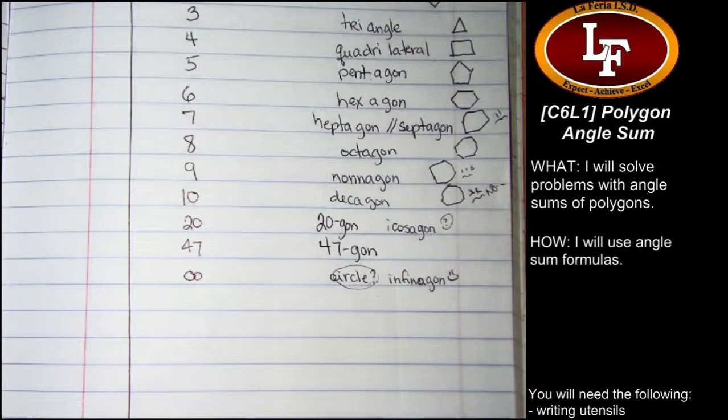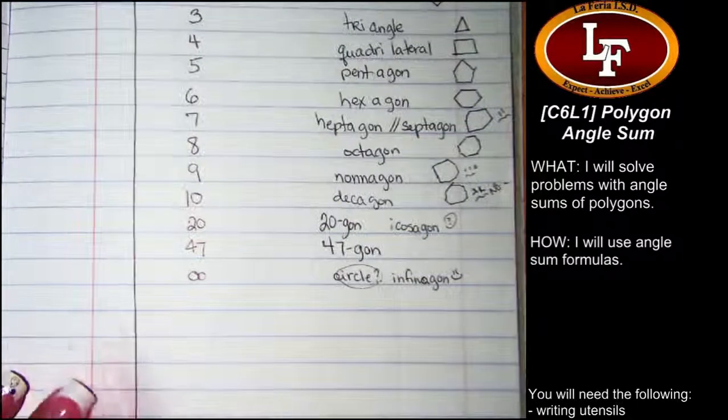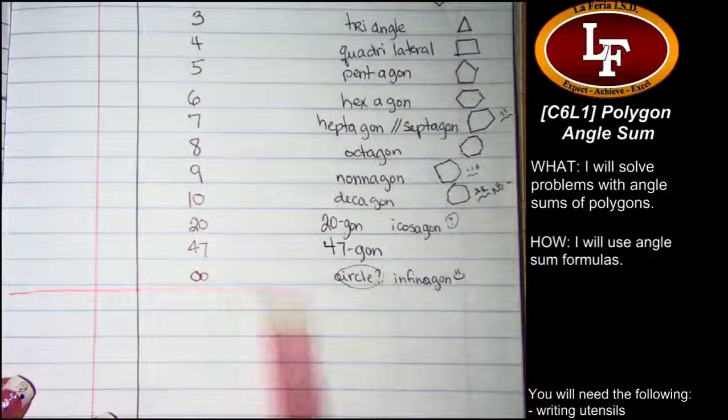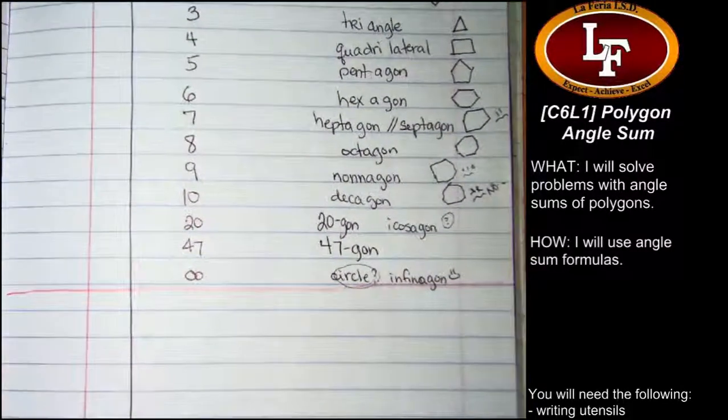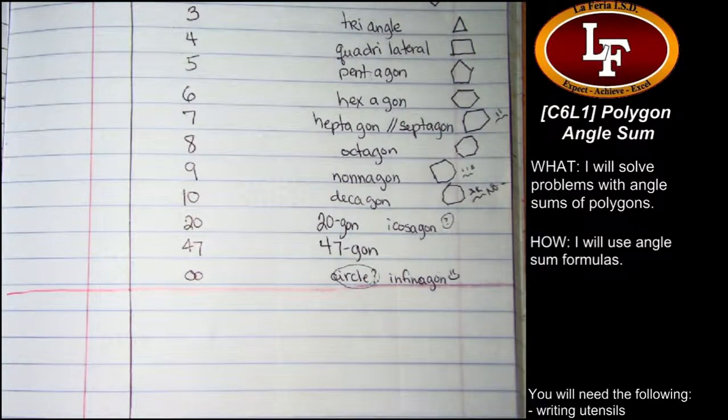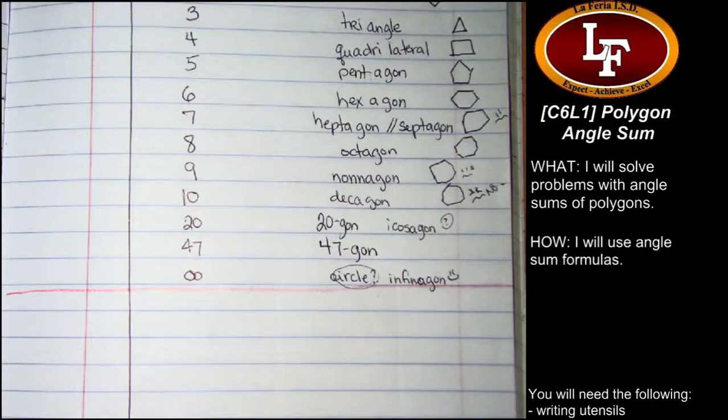But this concept of the infinagon almost being a circle is actually really, really powerful in mathematics. And I'm very glad that you went there. Thank you, Ryan. You came up with infinagon. I need to make that my word.